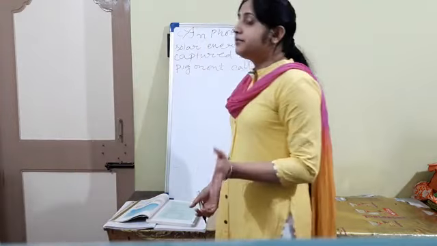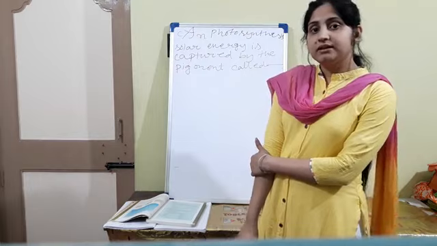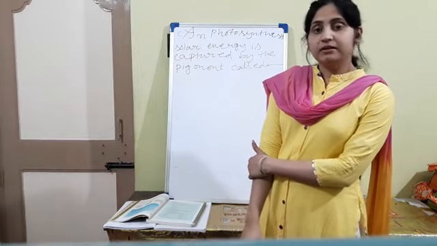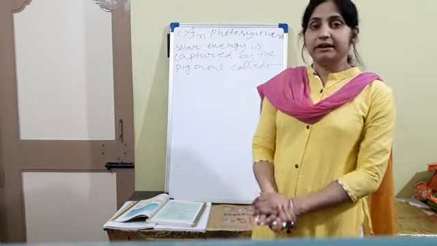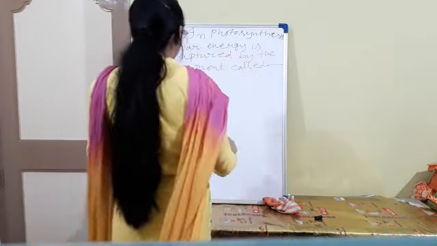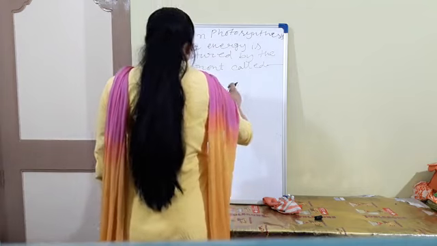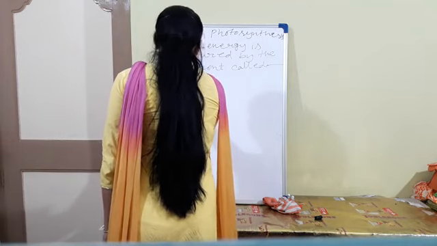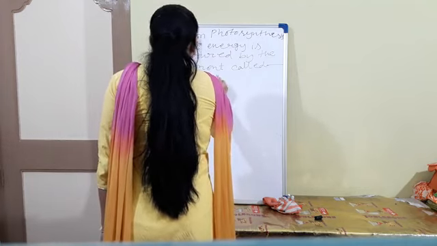All of you know the green pigment present on the leaf. What have you said that green pigment is? You have said that the green pigment is chlorophyll. So, in photosynthesis, solar energy is captured by the pigment called chlorophyll.